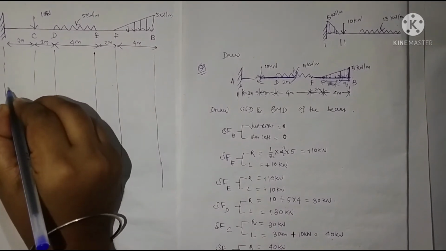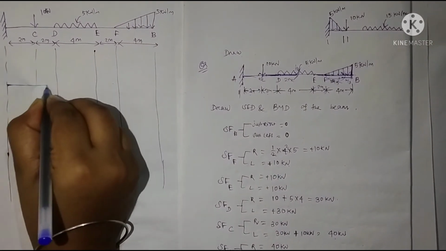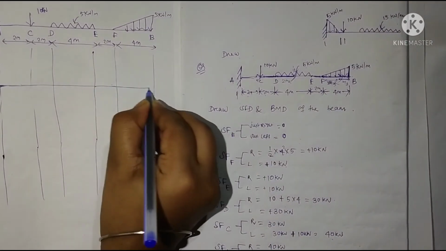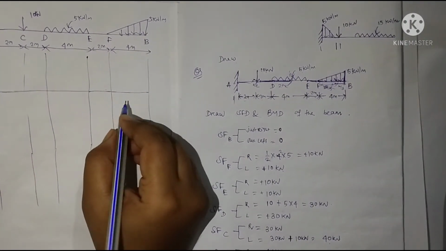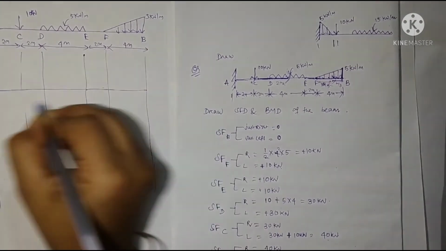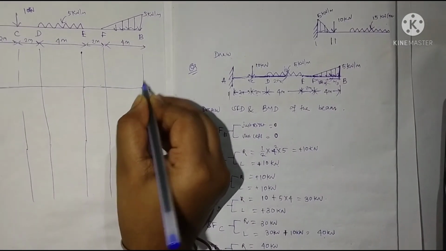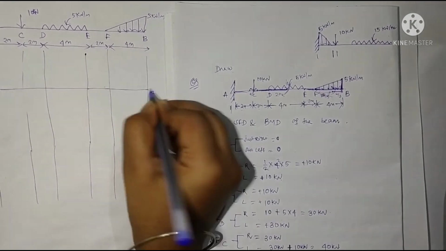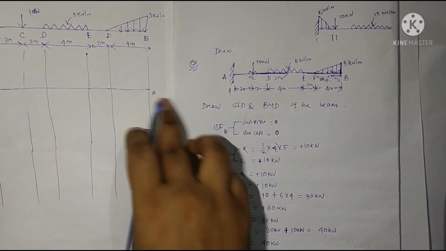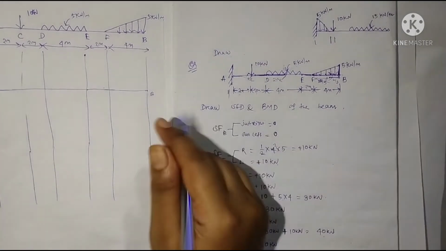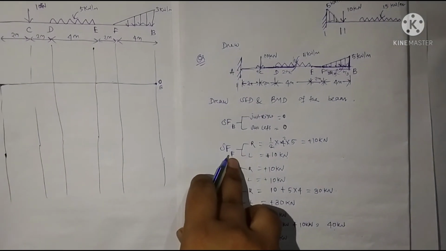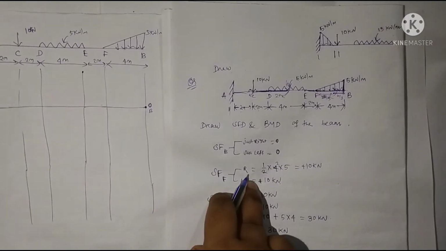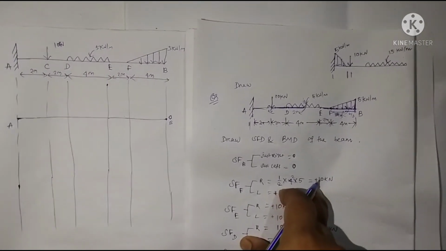Now we draw shear force and bending moment diagram. First we are drawing the shear force diagram. This is point A, this is point B. Shear force at point B will be 0, so just start from 0. Now shear force at point F will be 10 kilonewton.